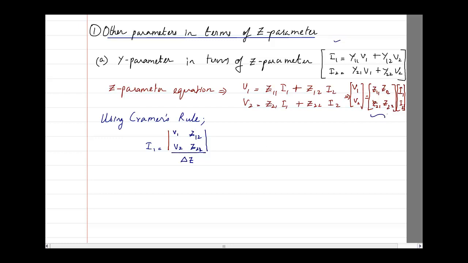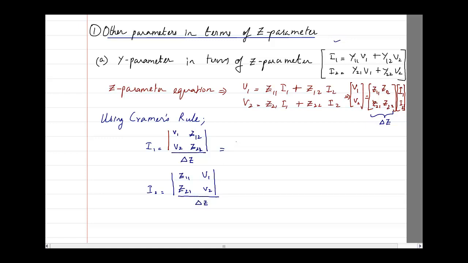Delta Z is the determinant of this one. Okay, and what is going to be I2? I2 is going to be for replacing the second column. So first column will be as such Z11 Z21, and in the second column we will write V1 V2 divided by delta Z.